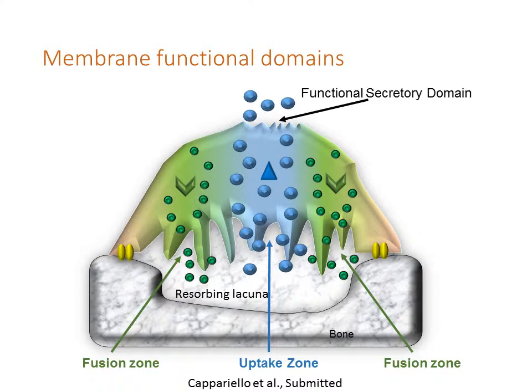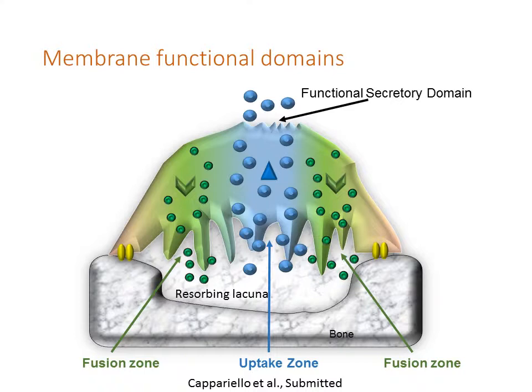The inner area is called the uptake zone because here there is the internalization of the bone matrix degradation products that transcytose the cell and are secreted into the vascular stream through the functional secretory domain that is opposite to the ruffled border domain.